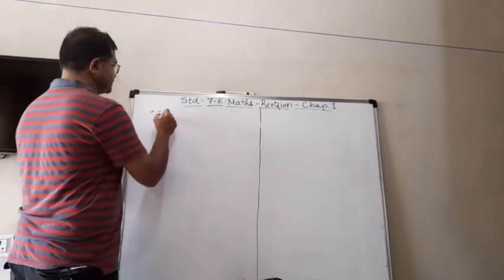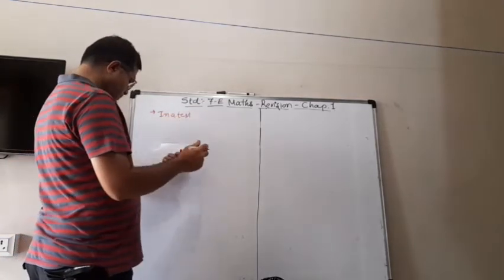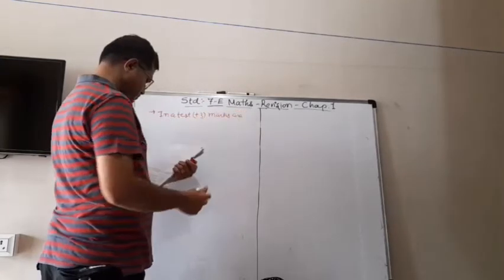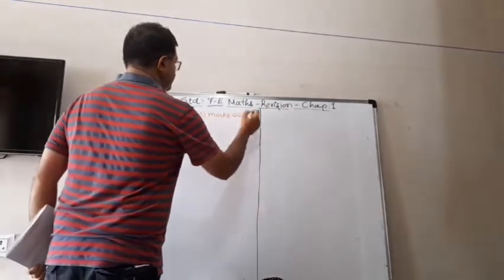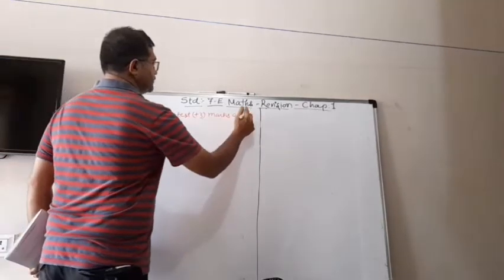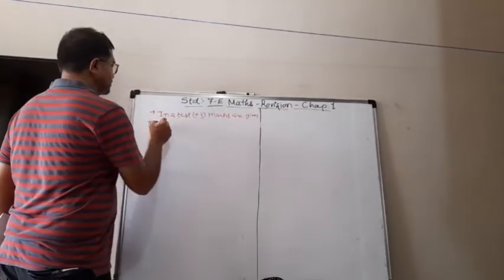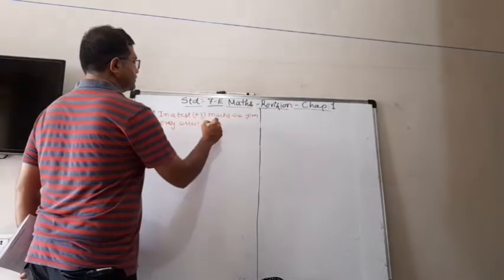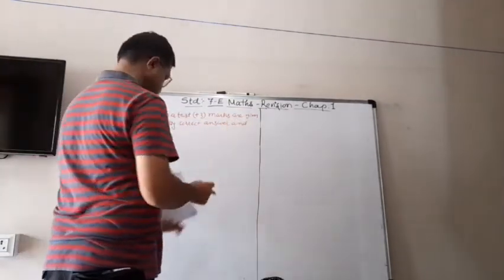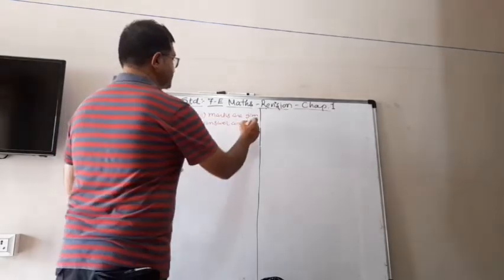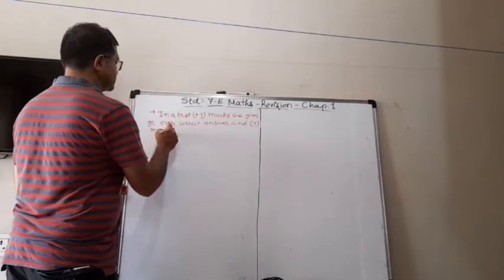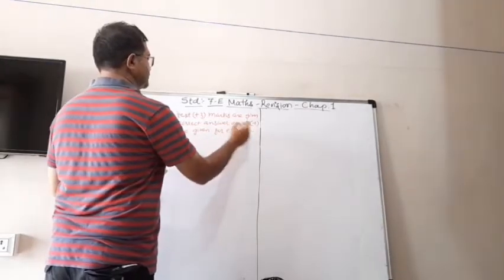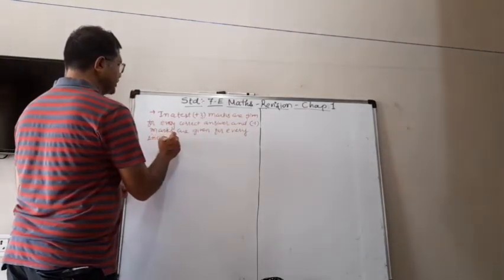In a test, plus 3 marks are given for every correct answer, and minus 1 marks are given for every incorrect answer.